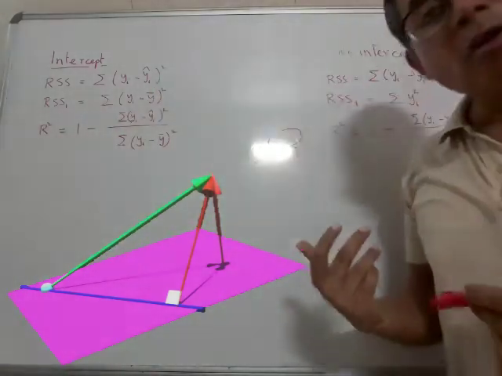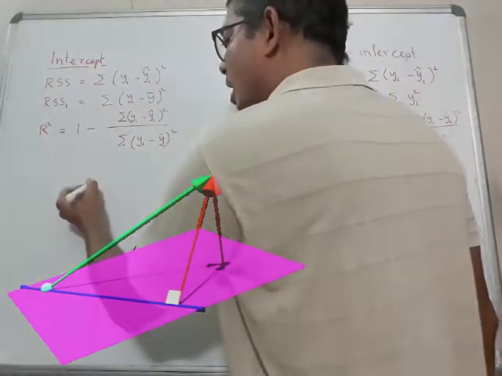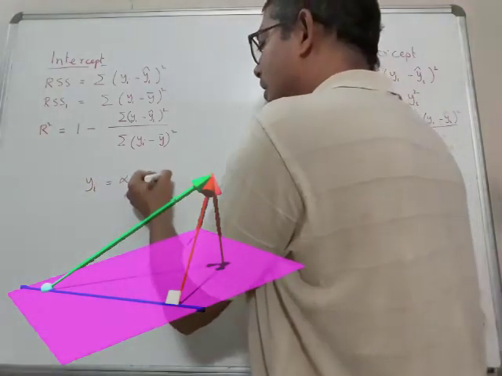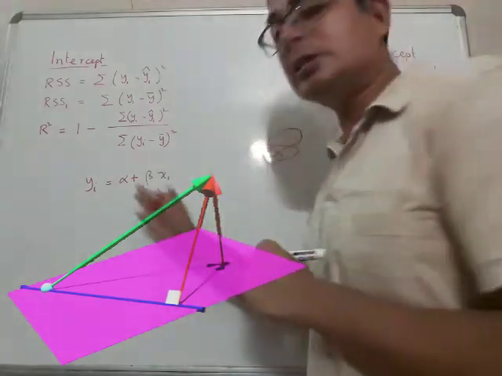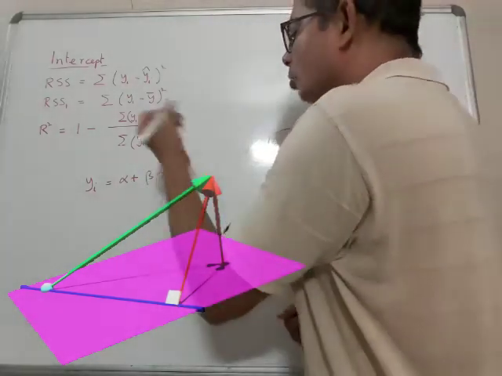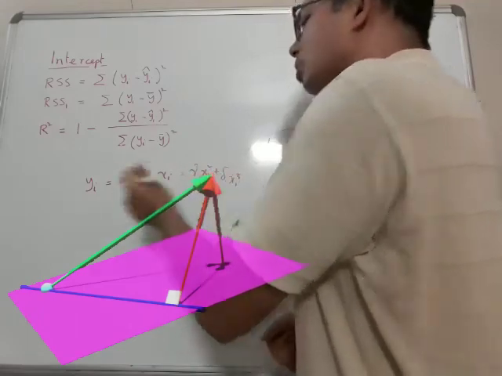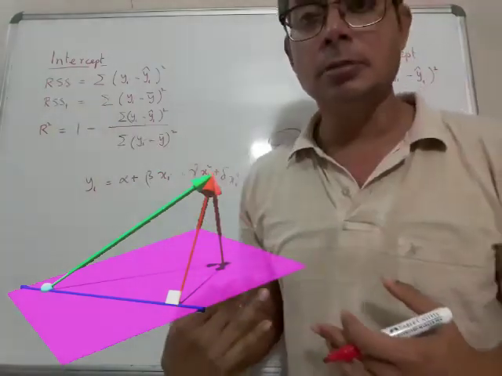Now that is not always desirable, because suppose I have fitted a model yi equals alpha plus beta xi plus epsilon, and this is an adequate fit, but I just throw in for good measure xi square and xi cube and all sorts of things. Then I am just reducing RSS.